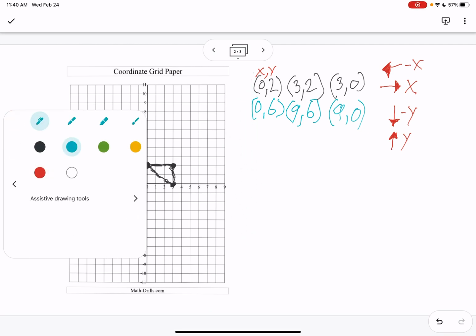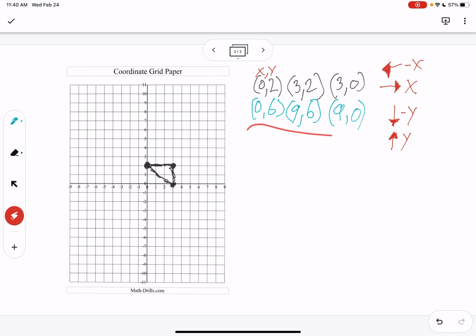So now what we're going to do is take these coordinates and plot them here on our graph. So again, we start at 0 here, and x is 0, so we just stay here. We're not moving to the right or the left because it's 0. And then the value of y here is positive 6. Positive y, we go up.